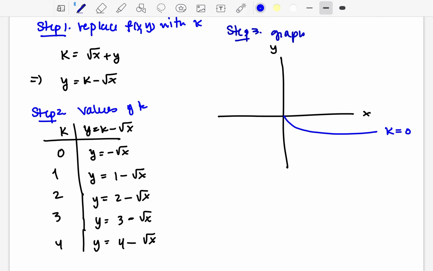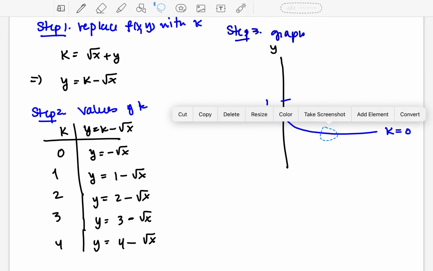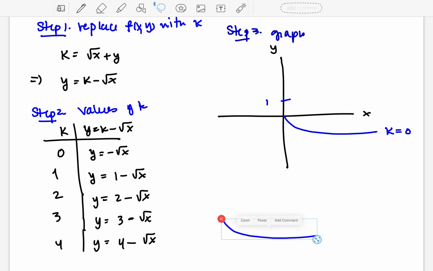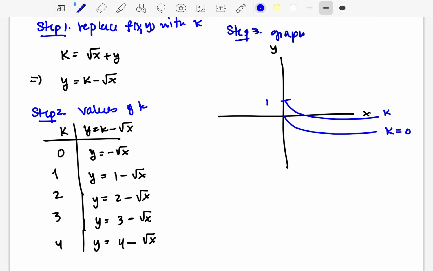Now, if k is equal to 1, I take my graph and I move it up 1 unit. So copy paste. So this is k equals 1. And then I move it up 2 units, and now I have k equals 2.